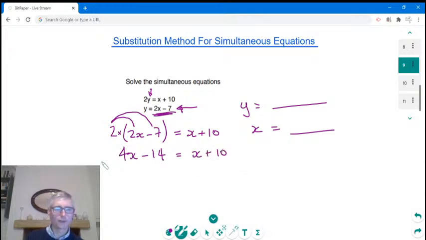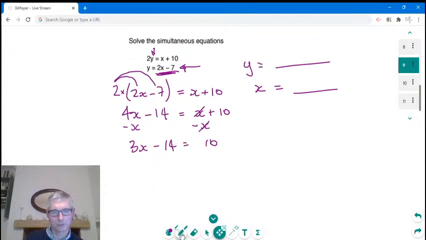So what we've got is an equation now just in x's, and we're just going to try and solve that by getting the x's on one side and the numbers on the other. So I'm going to take away x from both sides, and I'm going to then get 3x on the left minus the 14 that's already there. The x's cancel. That's equal to 10.